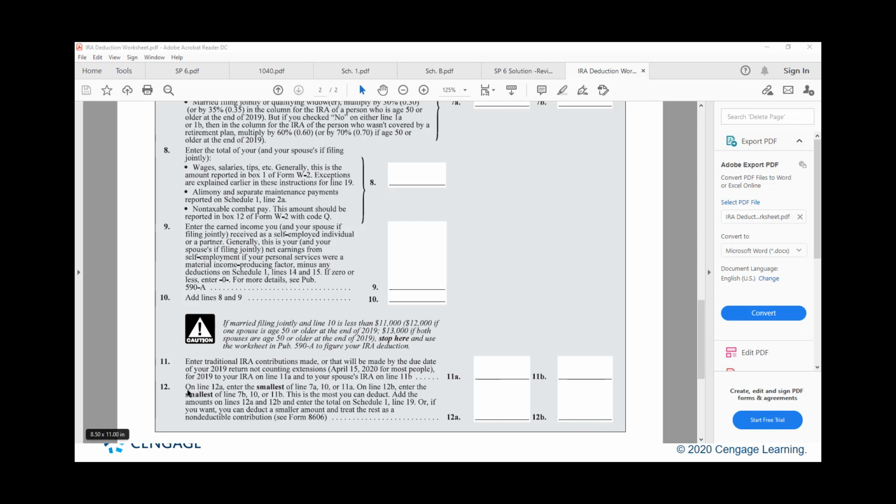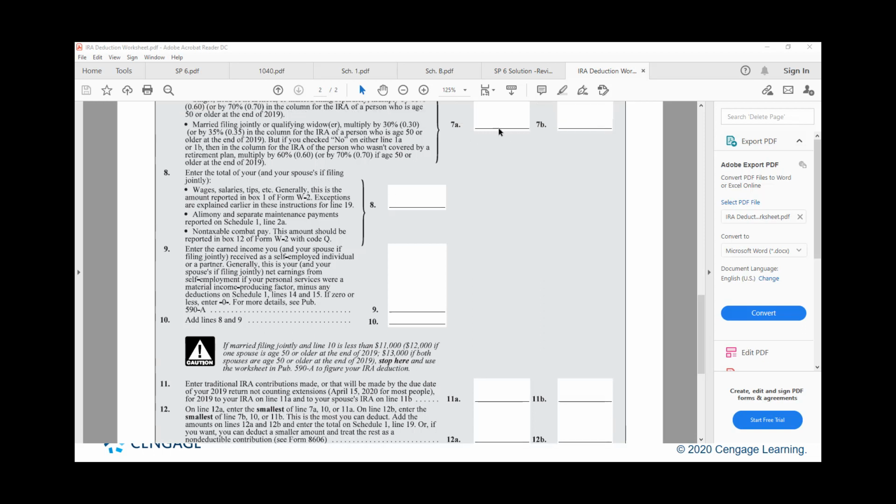Line 12, on line 12A, enter the smallest of line 7A, line 10, or line 11A. Line 7A is the 1,050 from right here. Line 10 is the wages and salary, 71,000. And 11A is the 6,000 contribution to traditional IRA.